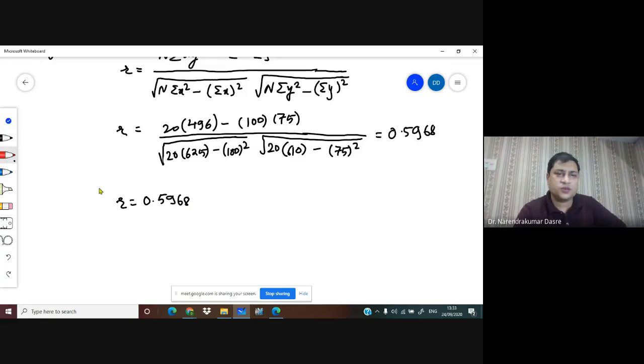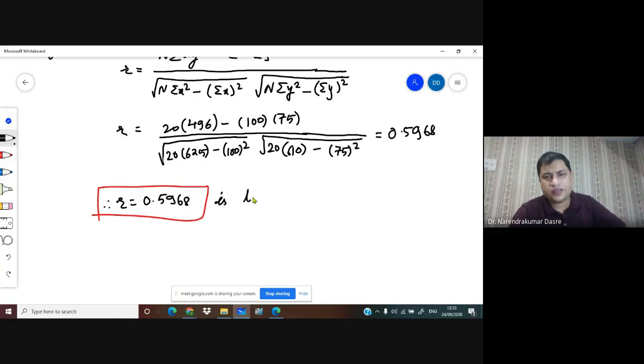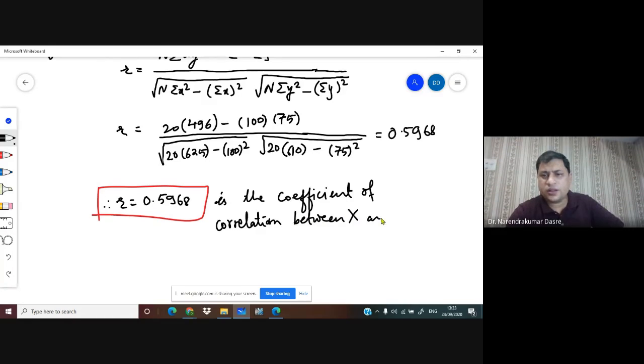Okay, so that is the coefficient of correlation between capital X and capital Y.